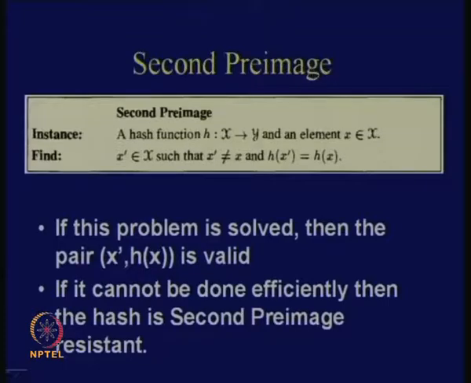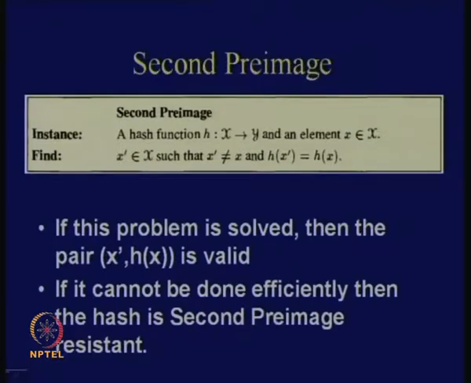In the previous problem you were provided with a message digest, and from there you had to give back the corresponding input from which the hash output originated. But in a second pre-image problem, you are provided with one value of x, you compute the value of hx, and then you have to find the value of x dash which is not equal to x and which leads to the same hash value.